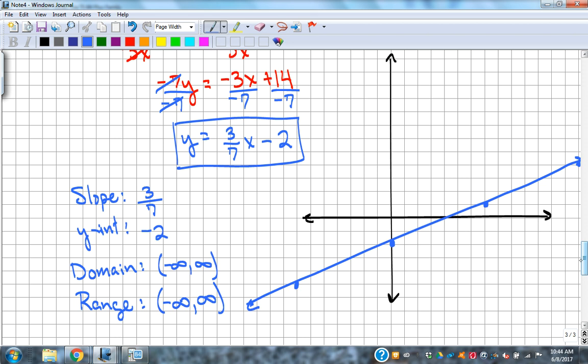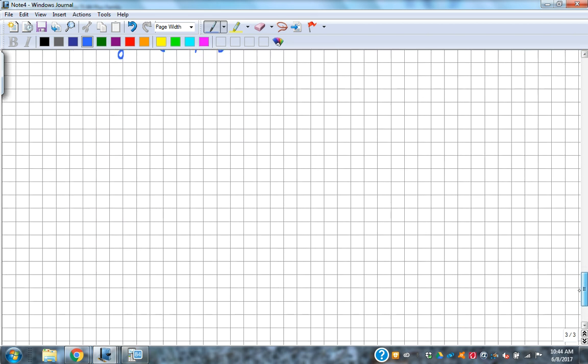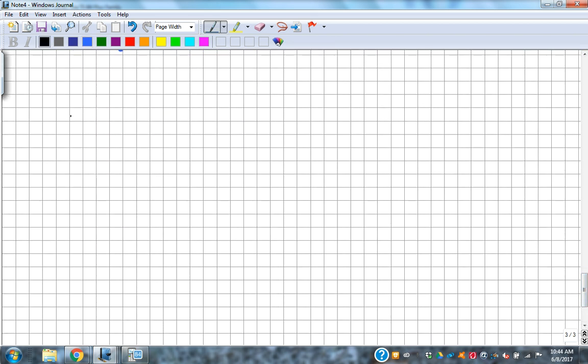Now, let's do one more similar to that, and then we'll get to the next thing. We're actually doing some slopes of lines based on points. Let's do 10x plus 30y is equal to 0. Do all of the same things for this particular problem as we've been doing.